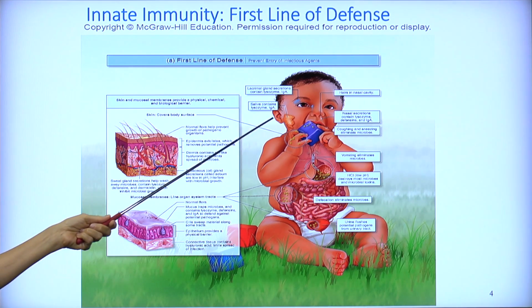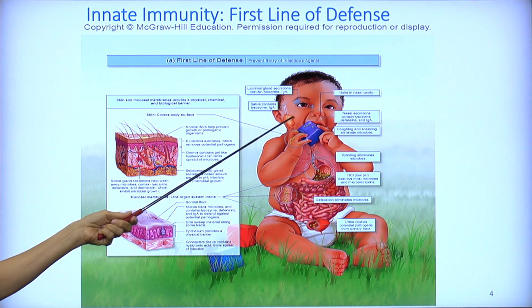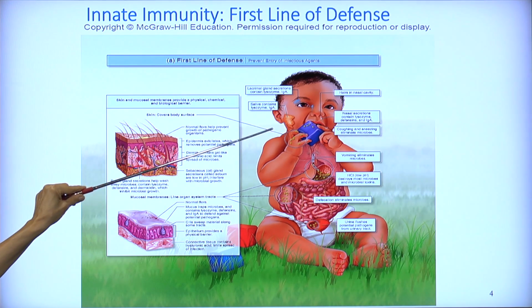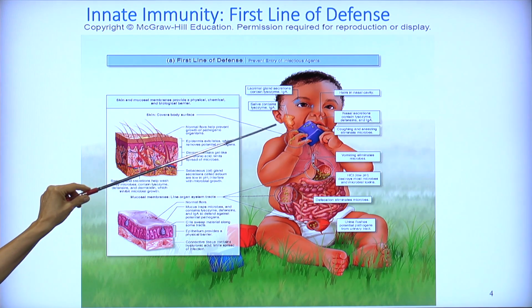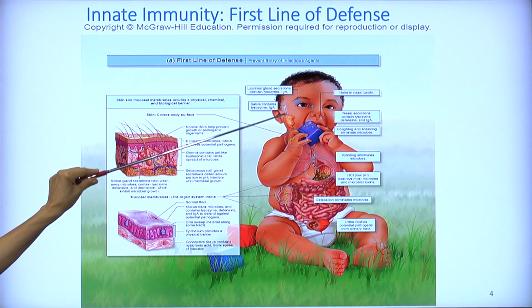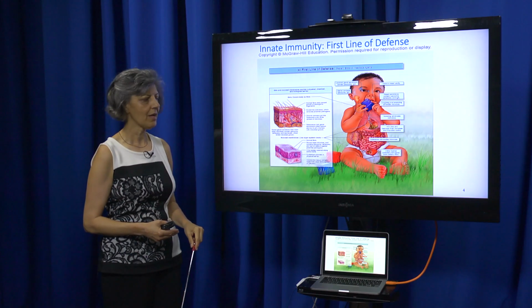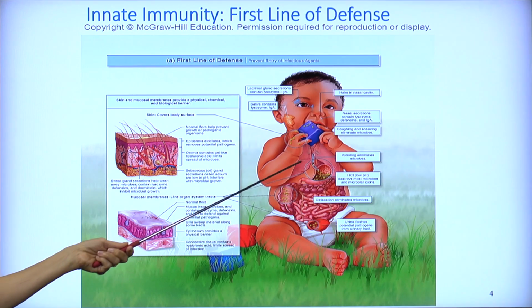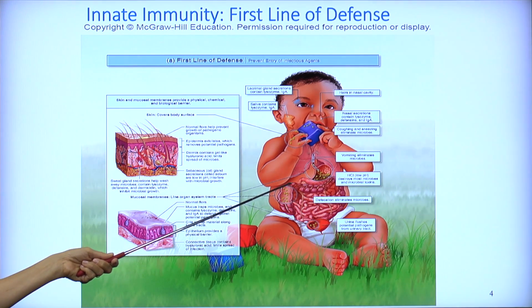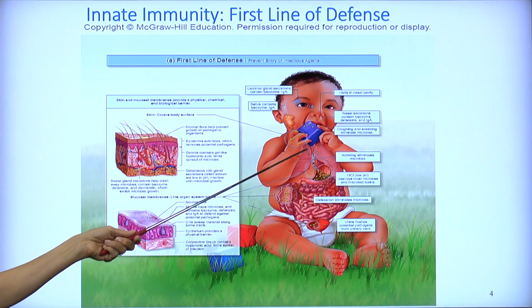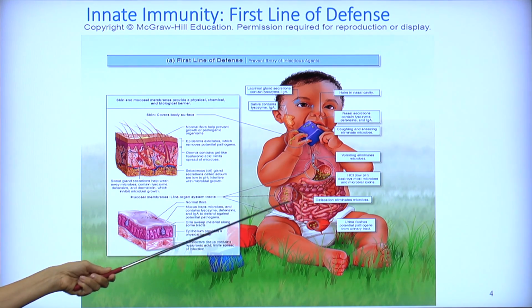When we look at the different glands that are in the body, the tears, the saliva, the different secretions, they contain certain antimicrobial agents.